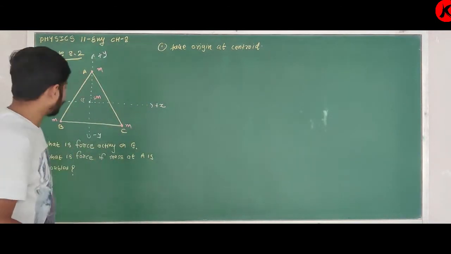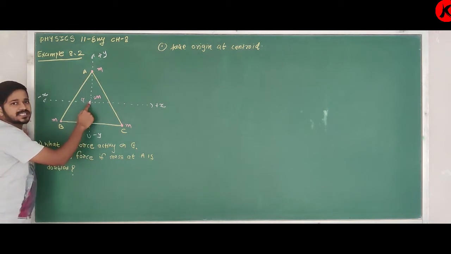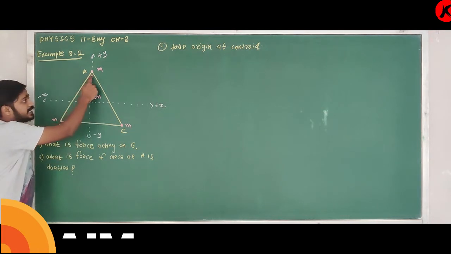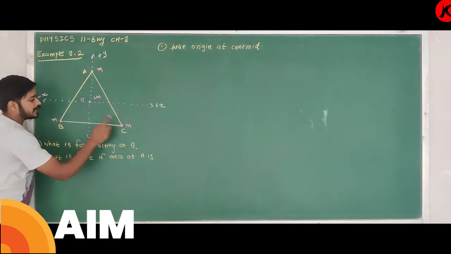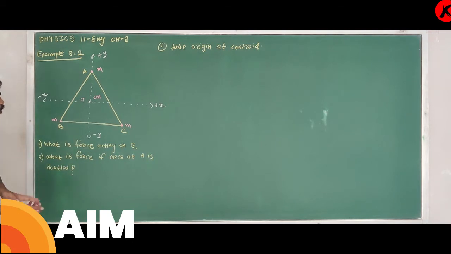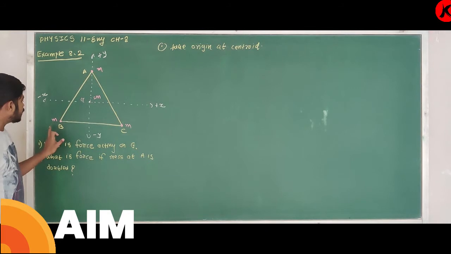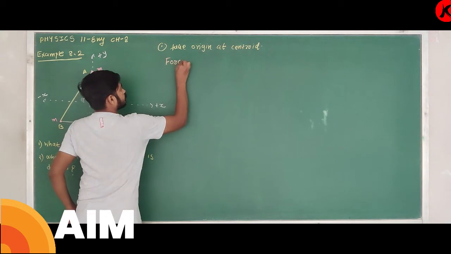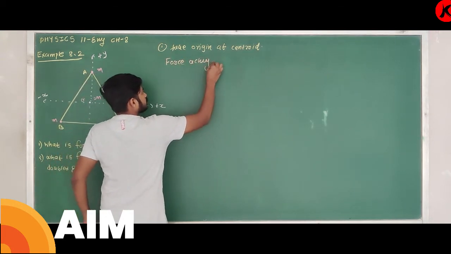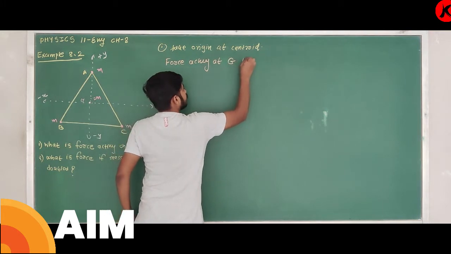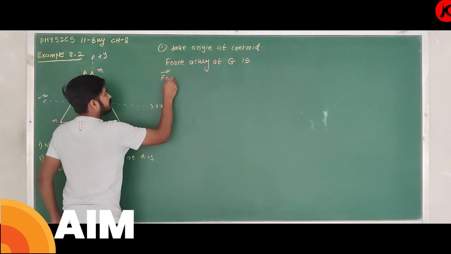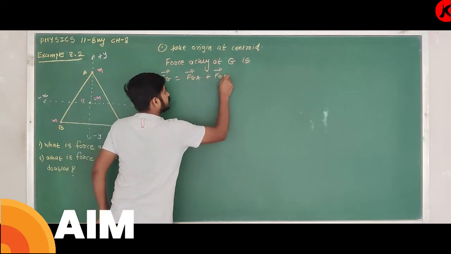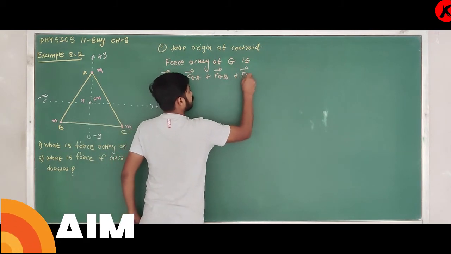Here on this point G, the centroid, force is acting due to the mass placed at A, the mass placed at B, and the mass placed at C. So on G, force is acting due to A, B, and C. We write the force acting at G as Fg, and Fg is equal to Fga plus Fgb plus Fgc.